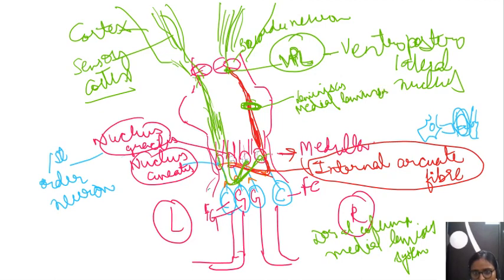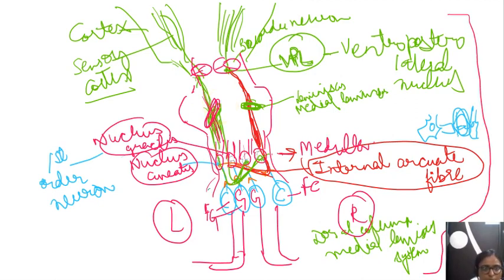Okay, this is called the medial lemniscus on both sides. I'll draw it with another pen. These bundles of neurons only, these are called here medial lemniscus. Okay. So this is called your dorsal column medial lemniscal system.